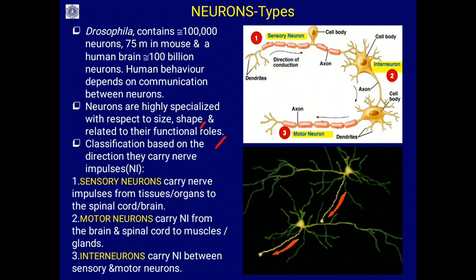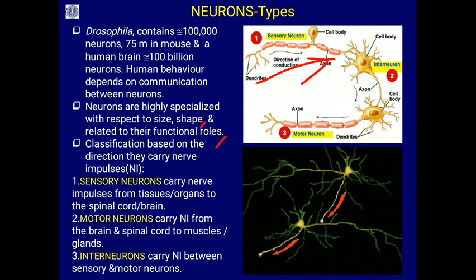So sensory neurons conduct the nerve impulse from the dendrites to the central nervous system, either to the brain or to the spinal cord. Then the motor neurons carry nerve impulses from the brain to the muscles or the glands.